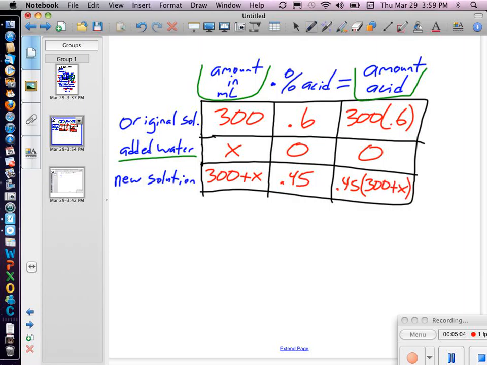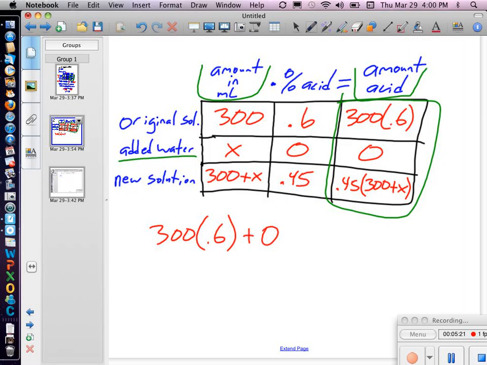All right, just as in the last problem, the amount of acid in the original solution, okay, which is 300 times 0.6, plus the amount of acid added, which was 0, okay, you don't even have to put that if you don't want to, but that's what it is going to equal the amount of acid in the new solution.